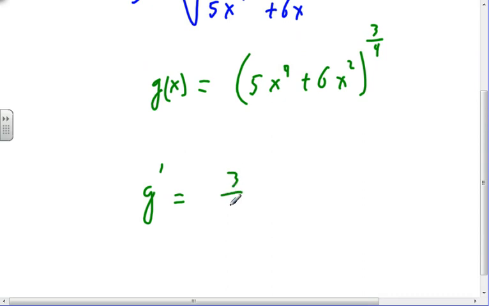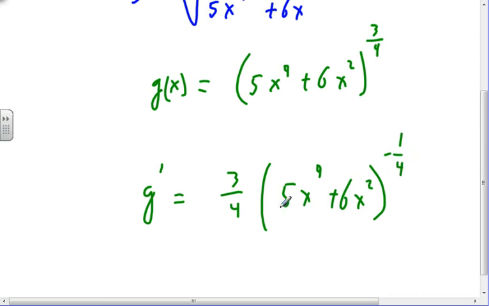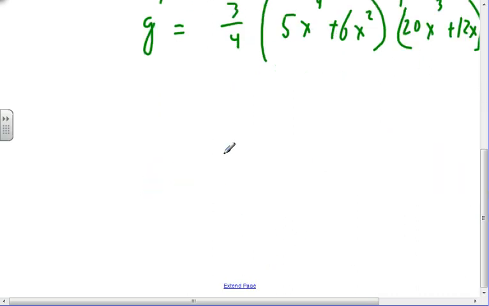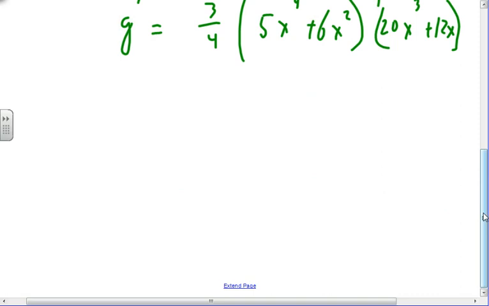I have 3/4 times 5x to the fourth plus 6x squared raised to the minus 1/4, times the derivative of the inside, 20x cubed plus 12x. Okay, so what am I going to do with that? Other than reposition it so I can see it better.